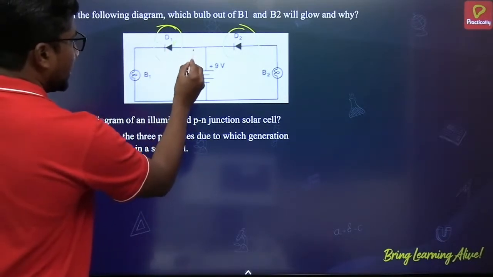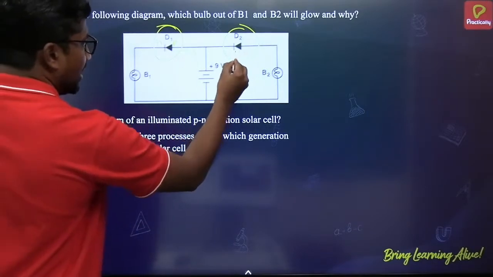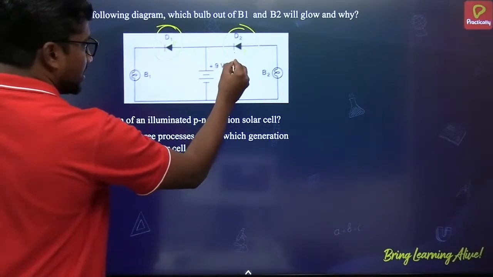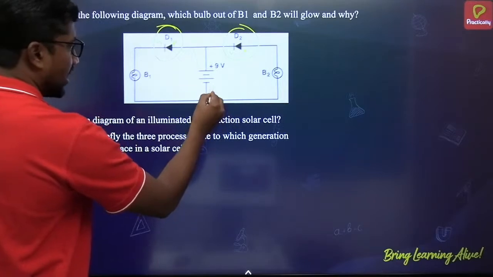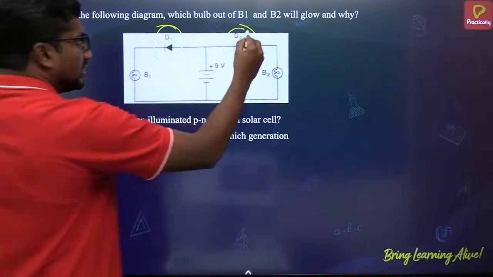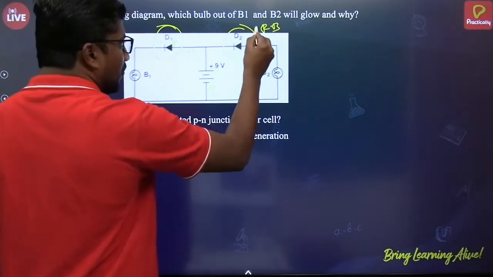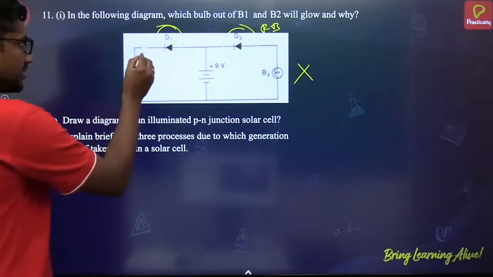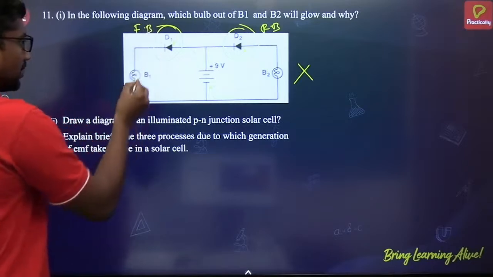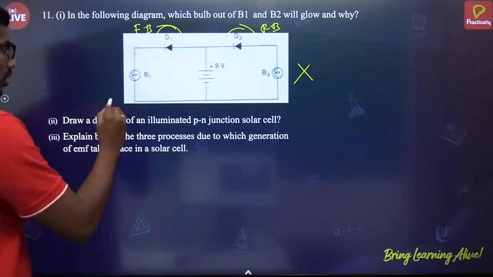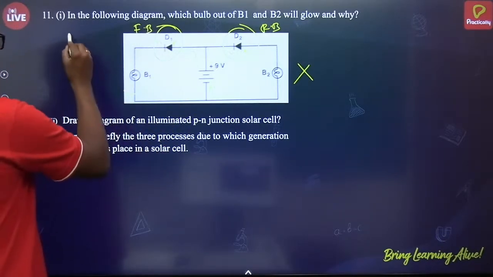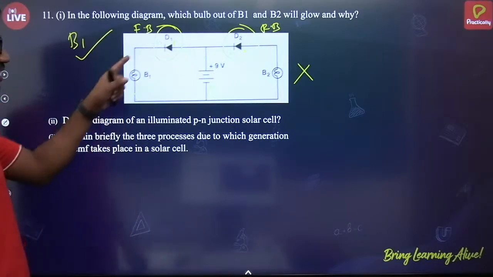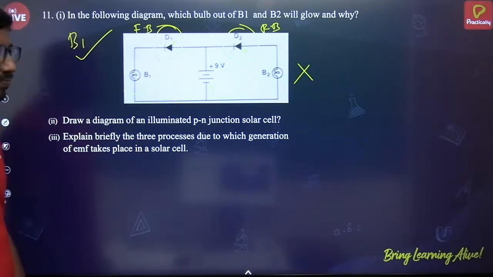The P side here is connected to positive. And here, this is P side, this is N side; the P side of the second diode is connected to negative. So this is reverse bias. If it is reverse bias, it is an open circuit, so bulb B2 won't glow. This is forward bias, so B1 will be glowing. Bulb B1 will glow, since D1 is forward biased and D2 is reverse biased.